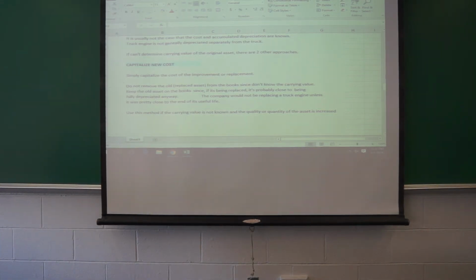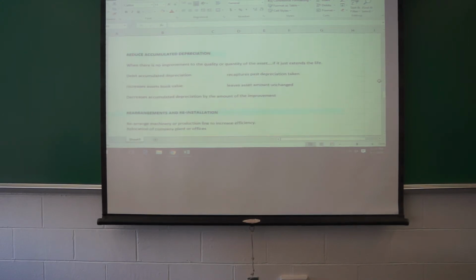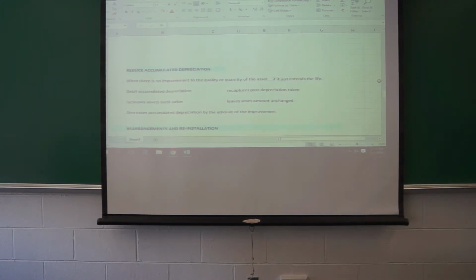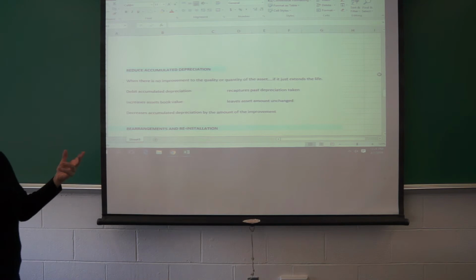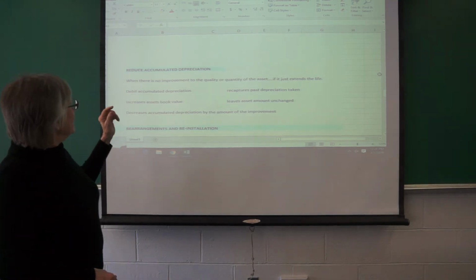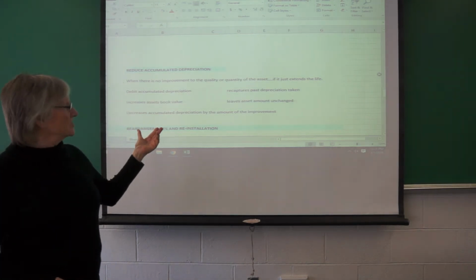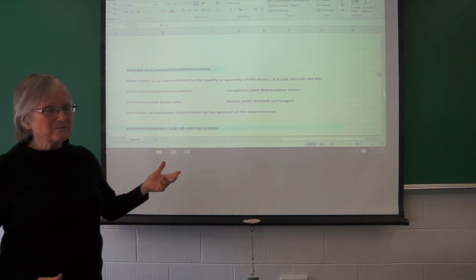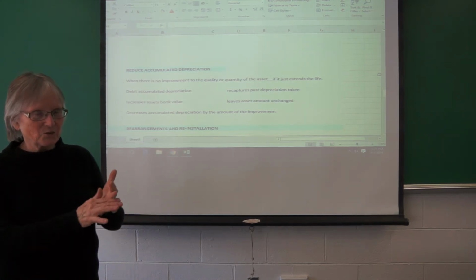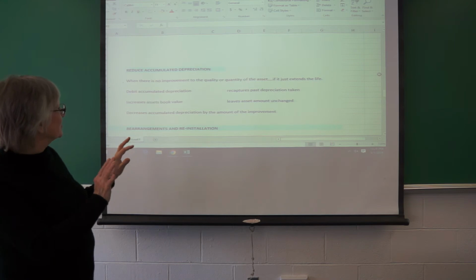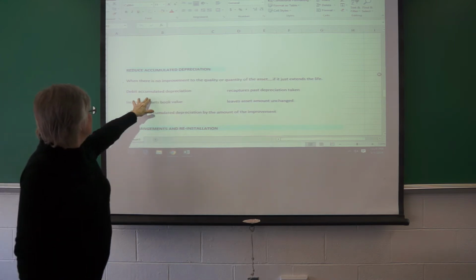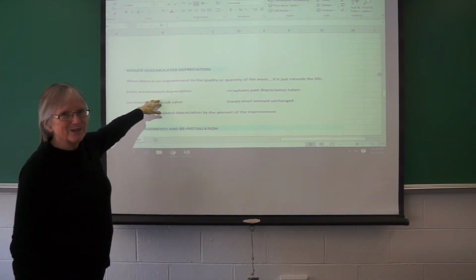Okay, now, what else can we do? Oh yeah, then there's this one. This is the third way to account for these improvements and replacements. If all it does is increase the useful life, it doesn't increase the quality, the quantity, all of that stuff. If it just extends the life, then you would debit accumulated depreciation.